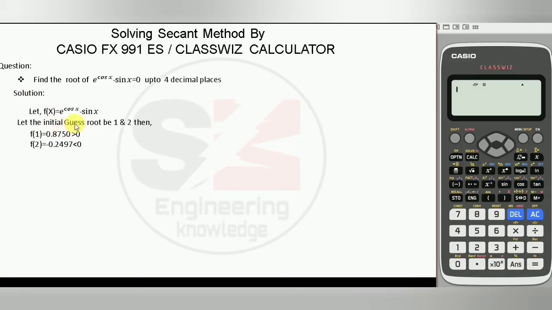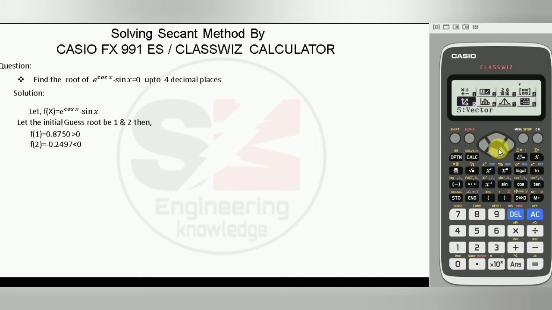And the value of this initial guess we can also find from this calculator by following this step. At first, we have to click on the menu, then setup. Then after this, press 9, then we have to write this equation.